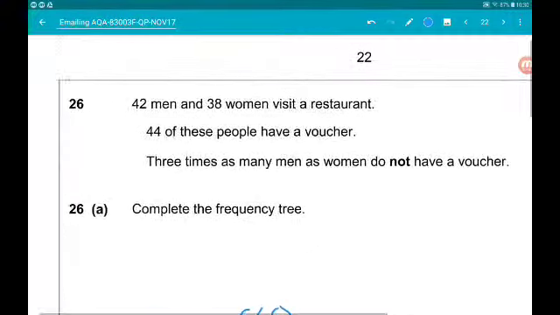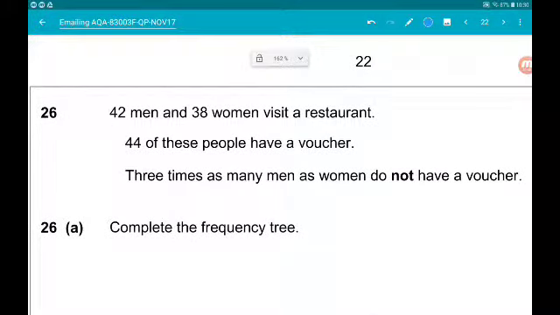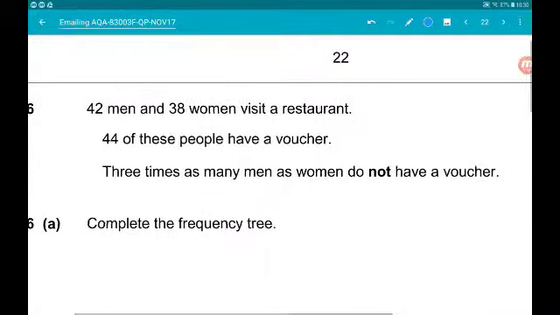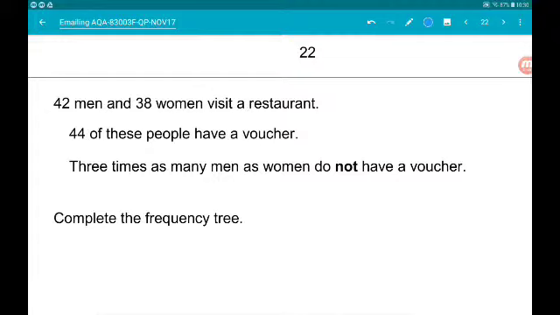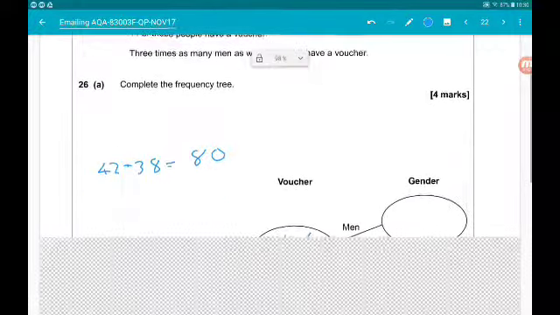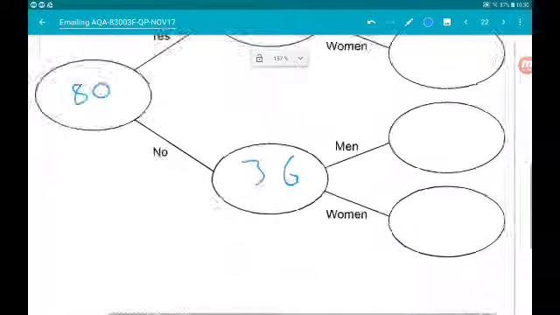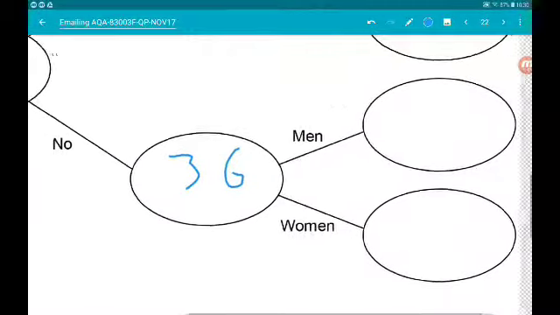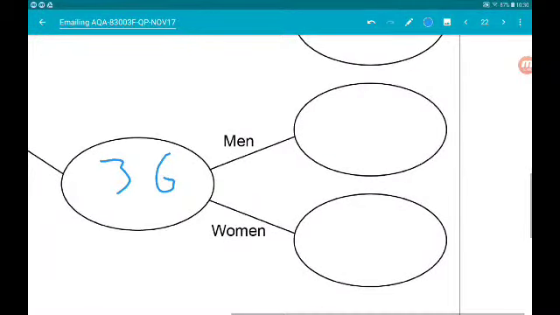So we are told that 3 times as many men as women do not have a voucher. So that means then, down here, these are the people that do not have a voucher.